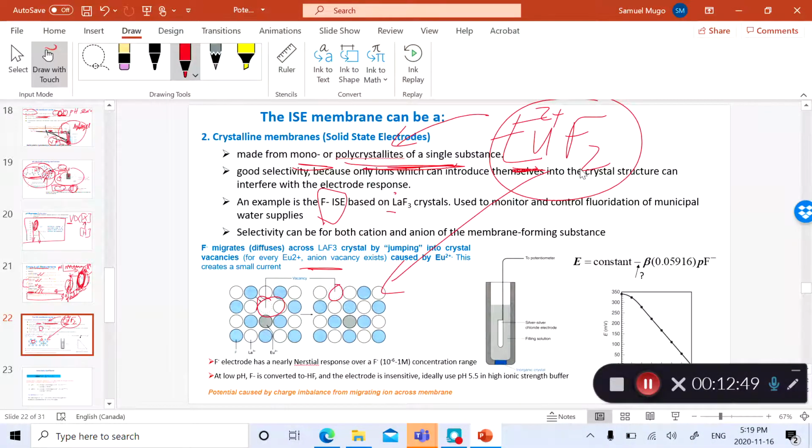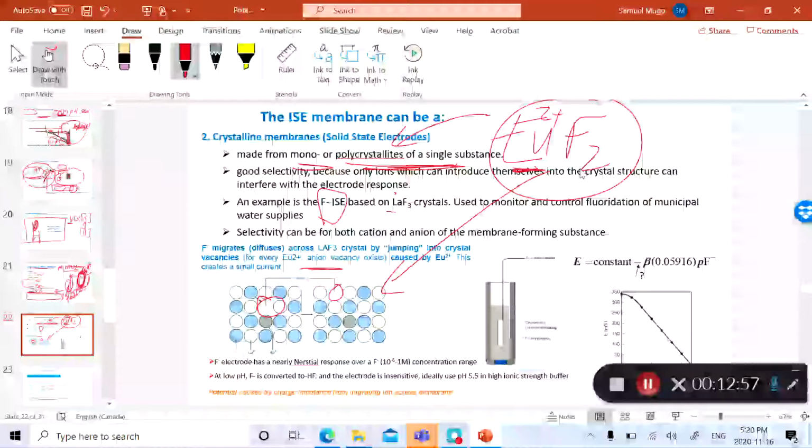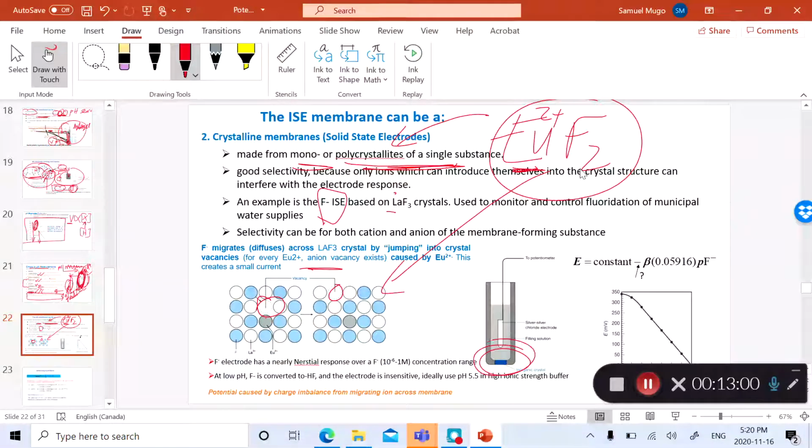So you have cavities inside that doped crystal, and that cavity is selective to the fluoride. The moment you have that crystal doped, it selectively captures the fluoride, which occupies those vacancies or cavities inside the crystal. And the rest is exactly the same.